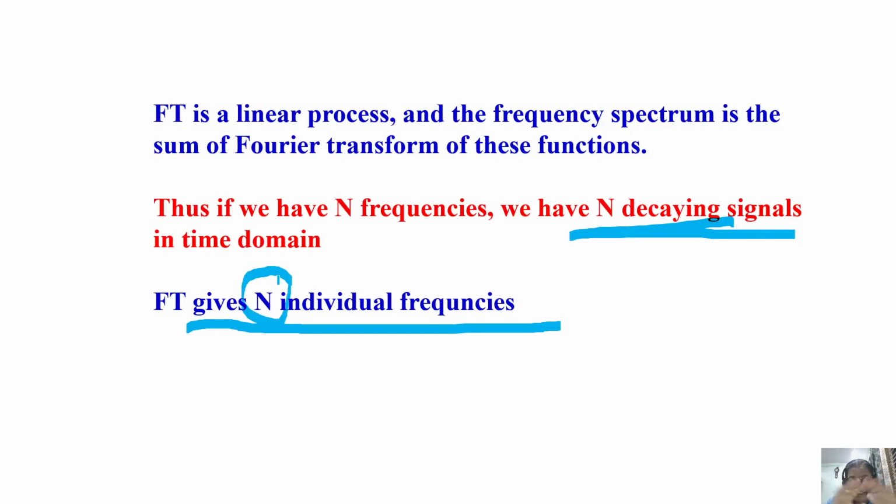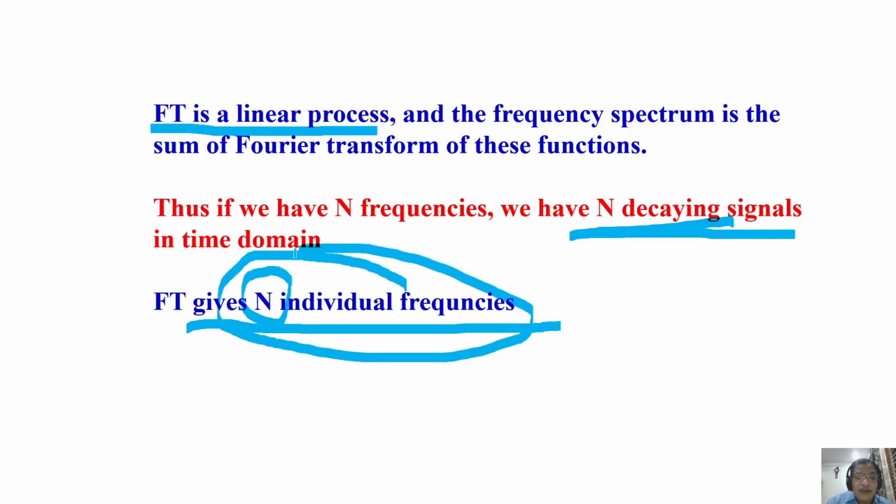The explanation given for a single FID holds good if the time domain signal has a superposition of several frequencies. Finally, do the Fourier transformation. That being a linear process, you are going to get a frequency domain spectrum with as many frequencies as are present in the time domain signal.